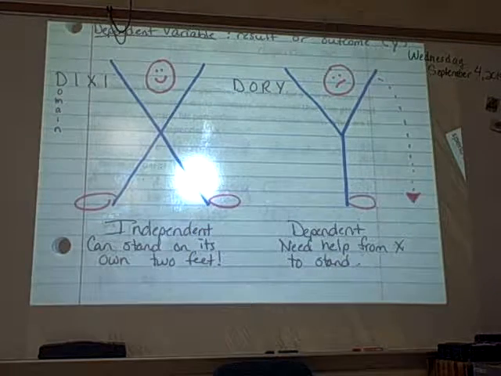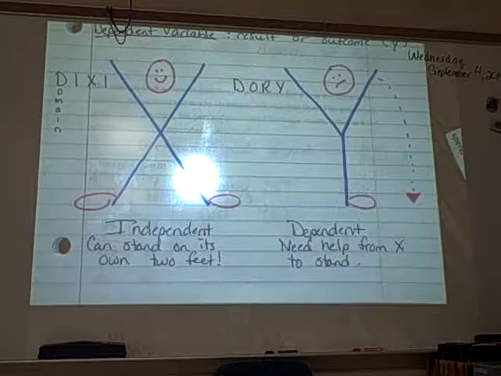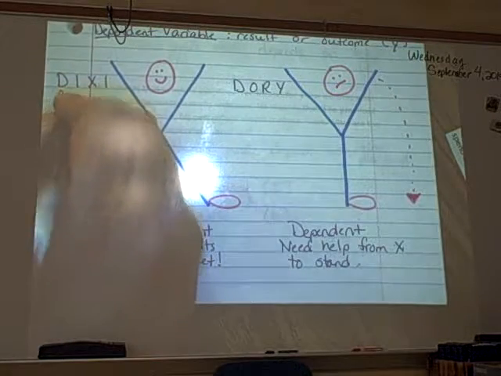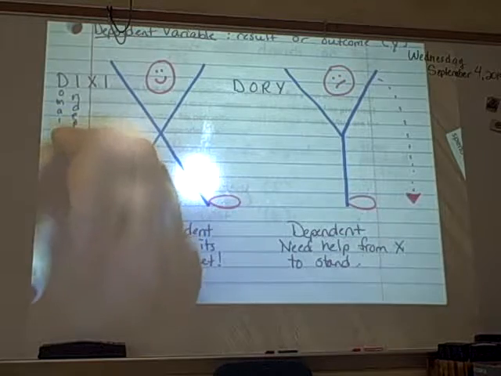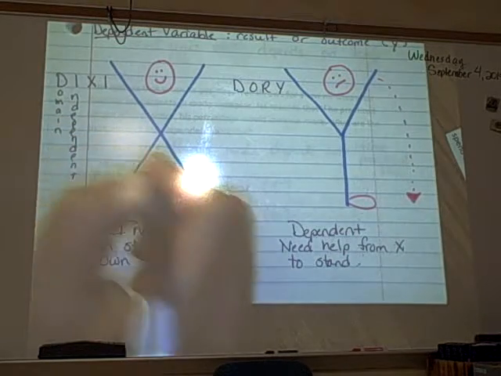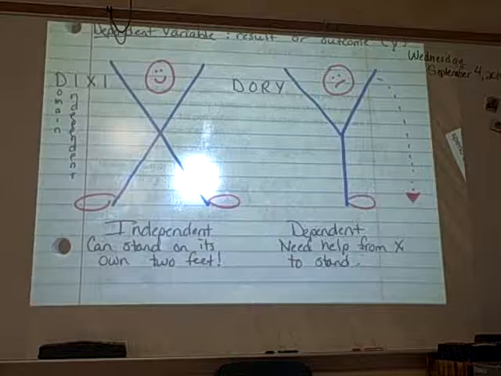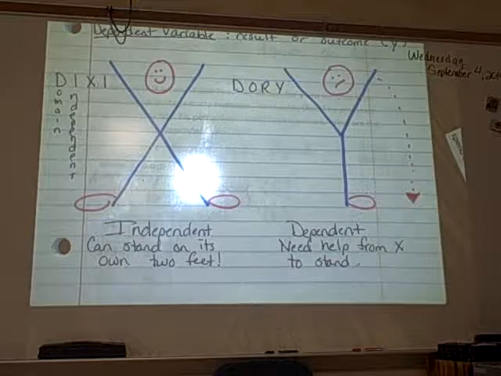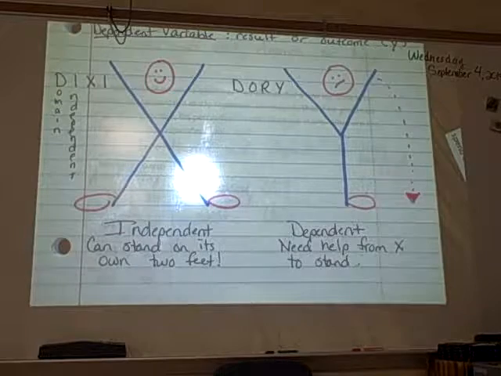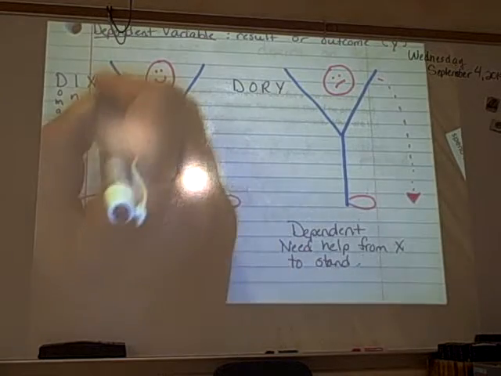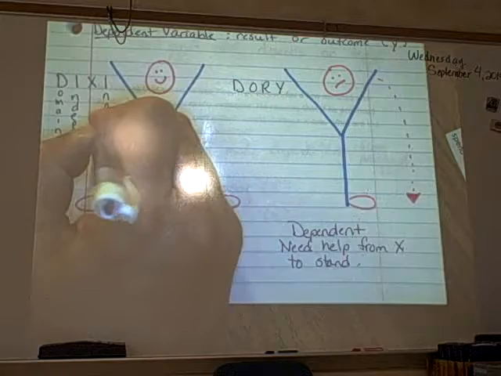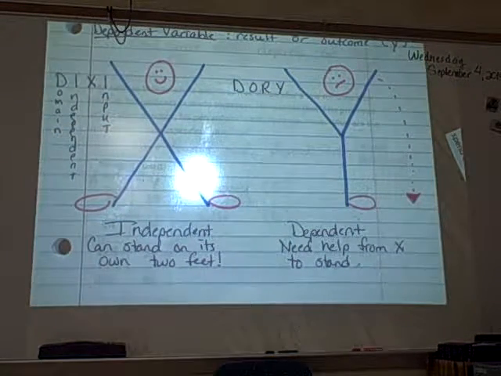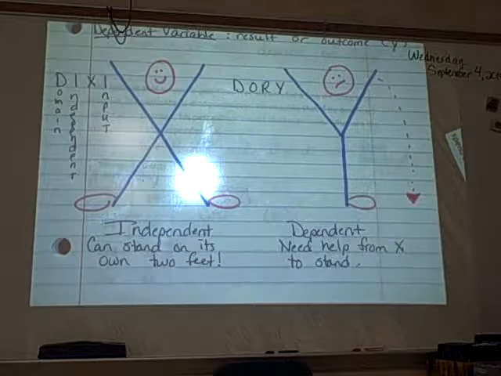What would I stand for? Independent. The X value, we're just going to leave the X there. And then the last one is input. So Dixie is domain, independent, X, input.